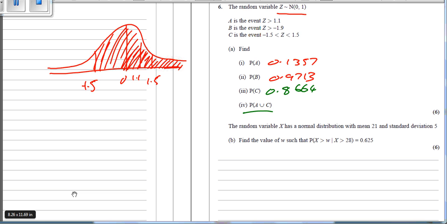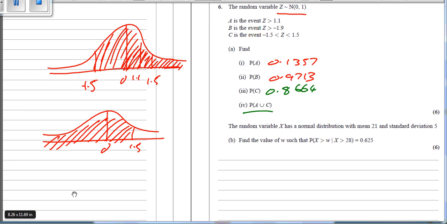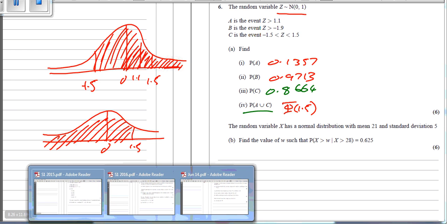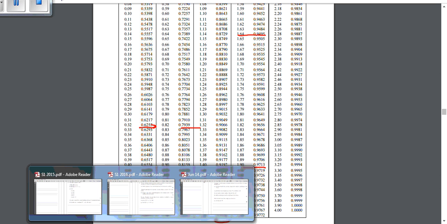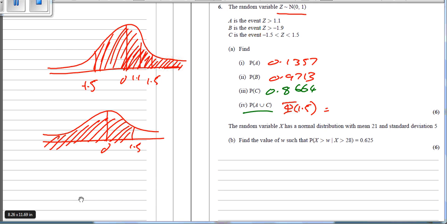If we have a look at this, using the symmetry, that's exactly the same as 1.5 this way, all the way down. So if we just do phi of 1.5 for that, that gave us 0.9332. And there you go. So those are those 6 marks.